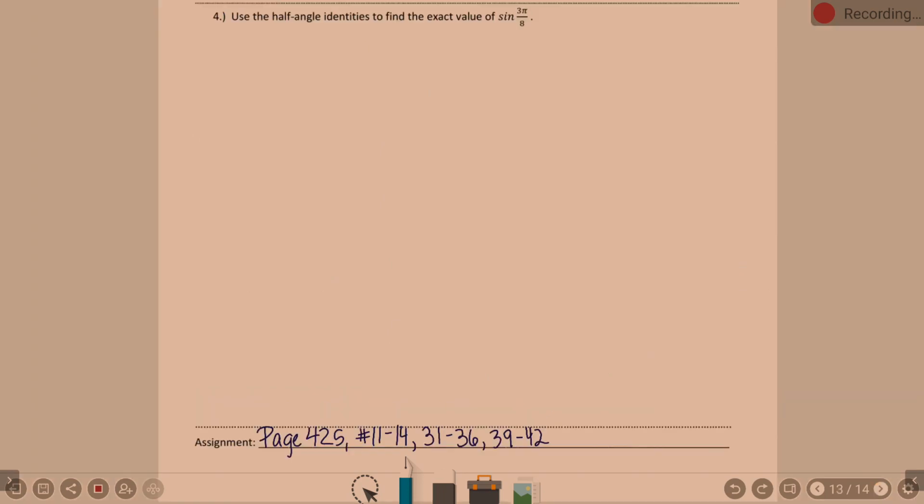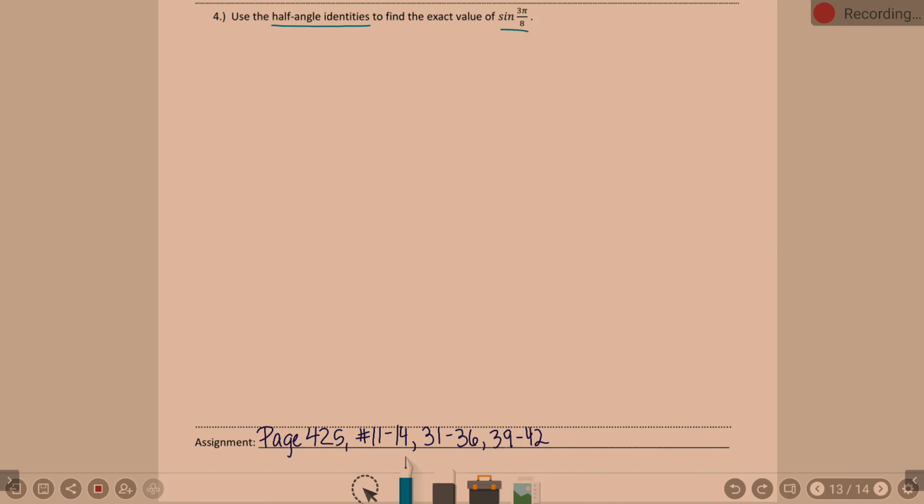Okay, example 4. Specifically, use the half angle identities to find the exact value of sine of 3 pi over 8. So we're being asked to use the half angle identity to find sine, yes?